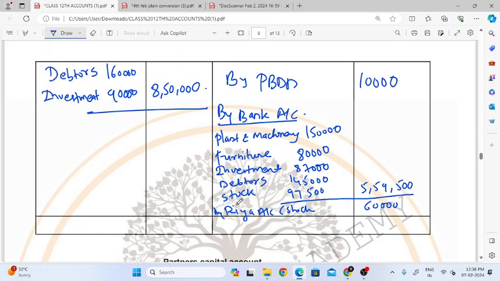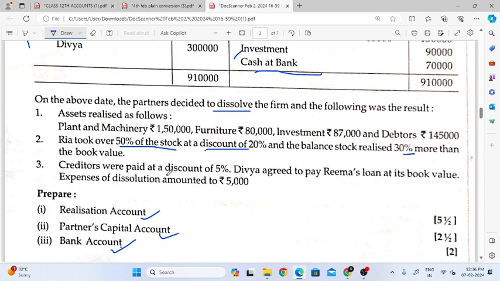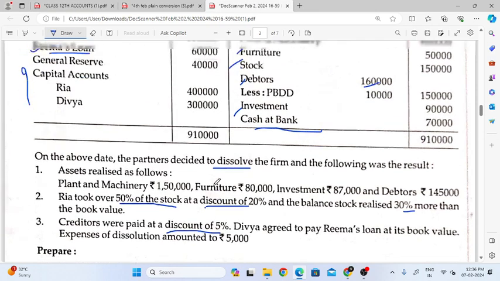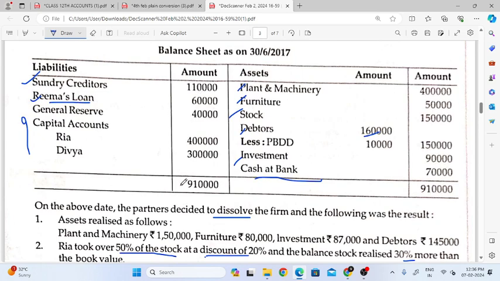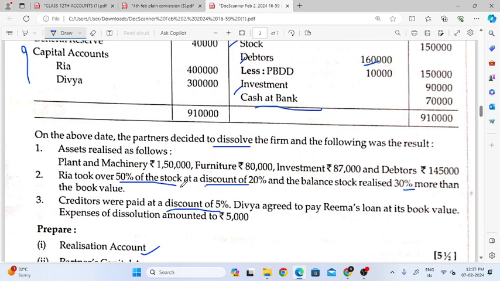Then the next adjustment: creditors were paid at a discount of 5%. Earlier creditors were 1,10,000, now we are paying creditors at a discount of 5%. So 1,10,000 multiplied by 5% is 5,500.